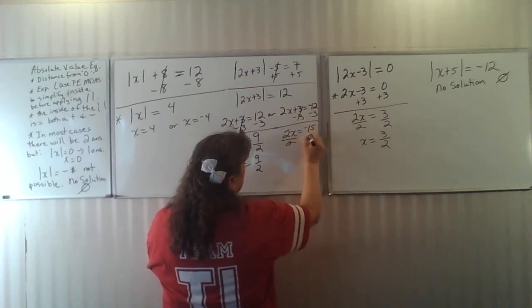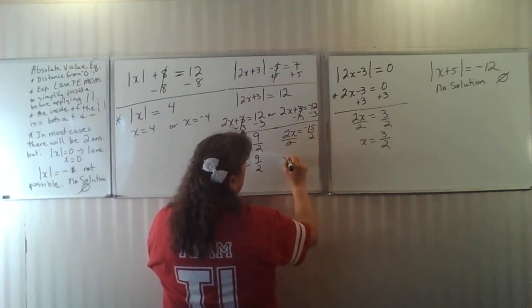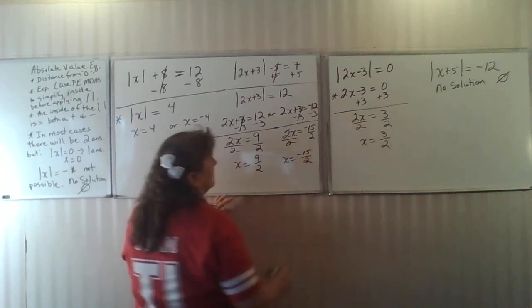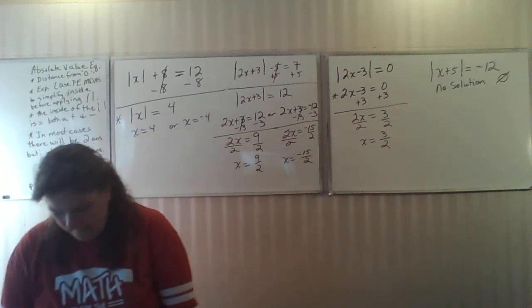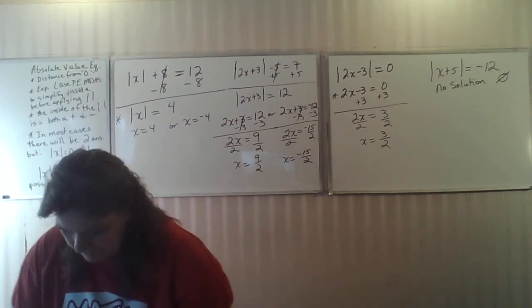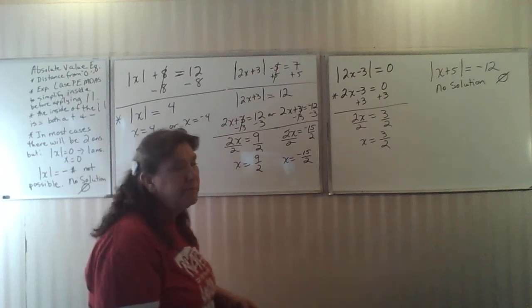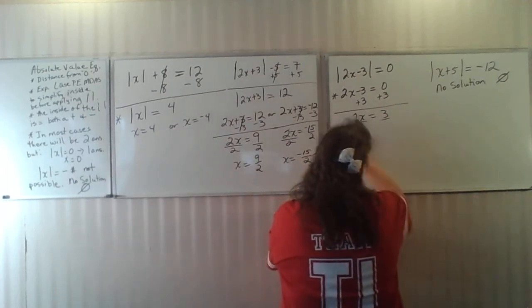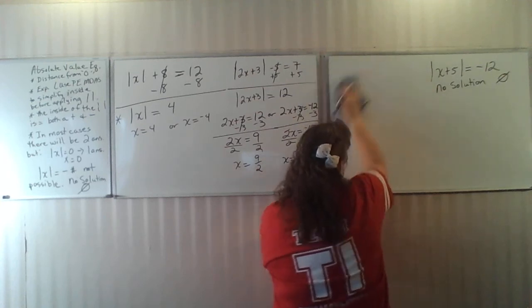And now divide by 2. So x is equal to negative 15 halves. Okay. Any questions so far? Almost done with this one. Got 2 more examples to do.